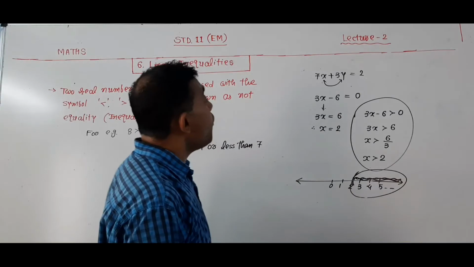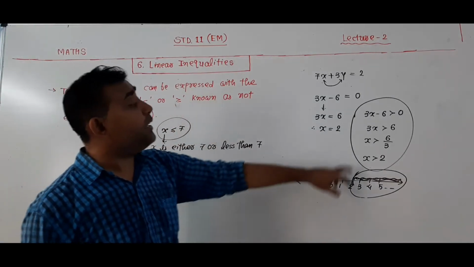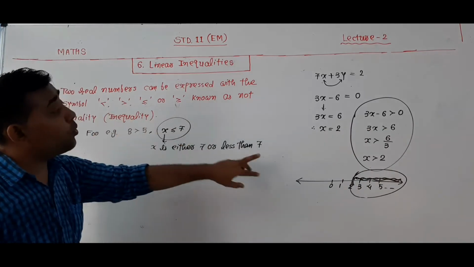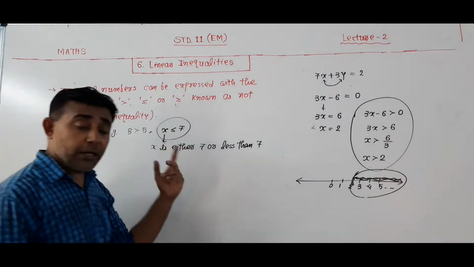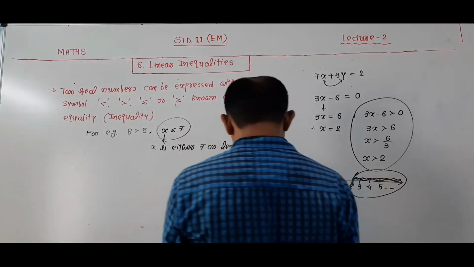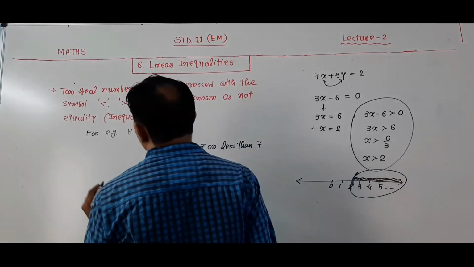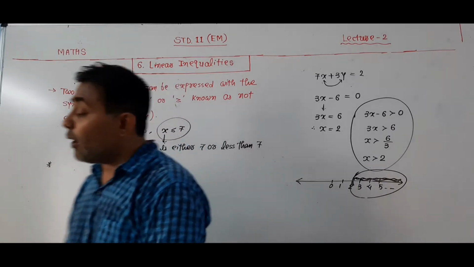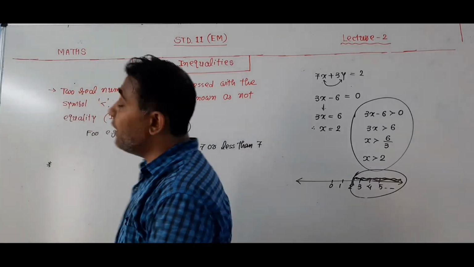Okay? So now what is the general form of a linear inequality? ax plus b is either greater than 0 or less than 0 or greater or equal to 0 and so on. So let us derive linear inequality in one variable. So our new topic is linear inequality in one variable. Let us see.